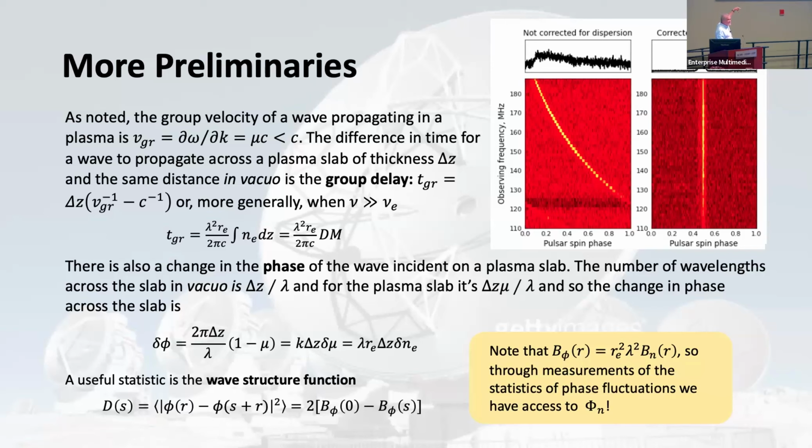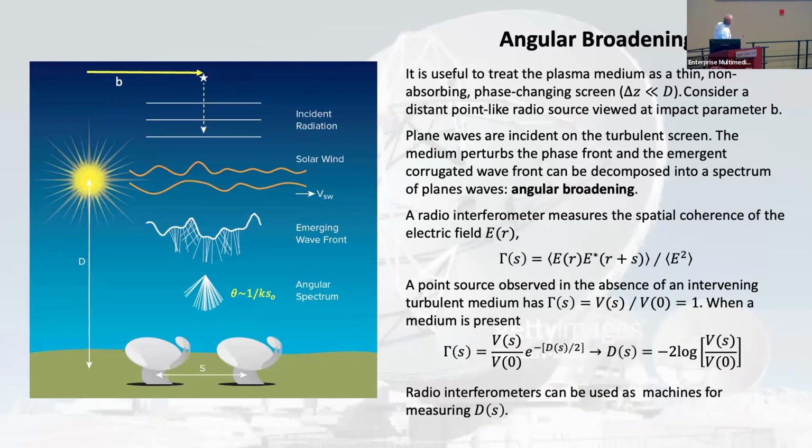And you see that the pulse is delayed as a function of that plasma along the line of sight. Okay, so what the pulsar people do is they want more signal to noise, so they coherently de-disperse the signal to line everything up and then co-add and get nice high signal to noise. That's shown on the right.